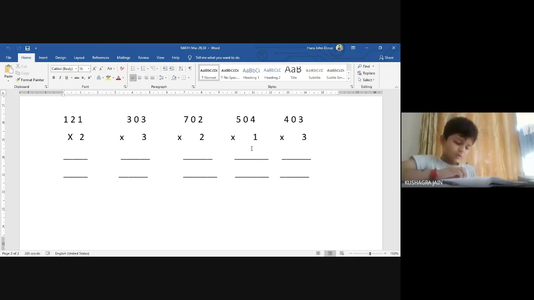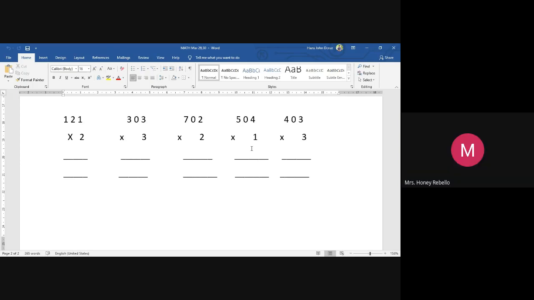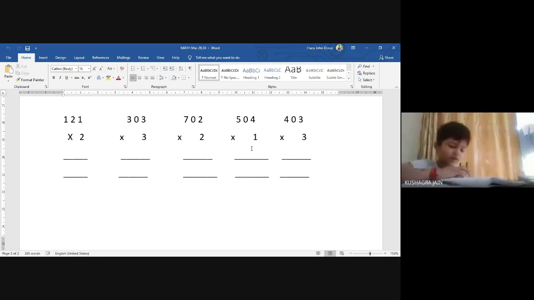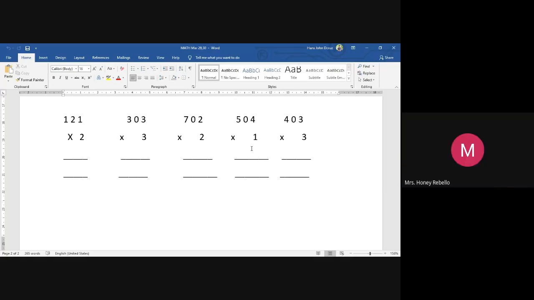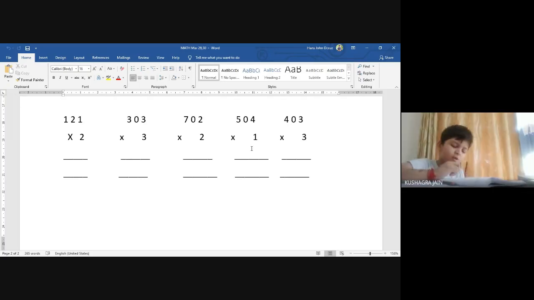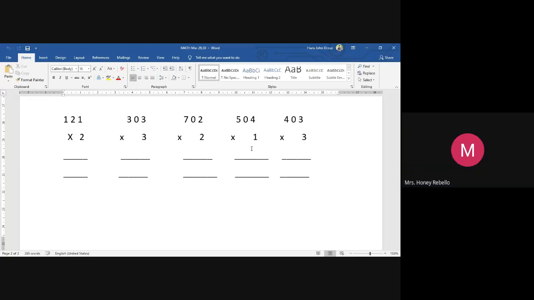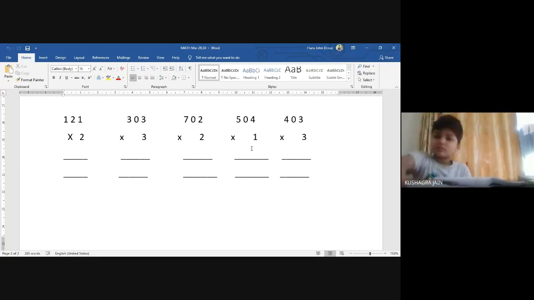3 3s are 9. Yeah. Next, fast. 0 3s are 0. 4 3s are 12. Very good.